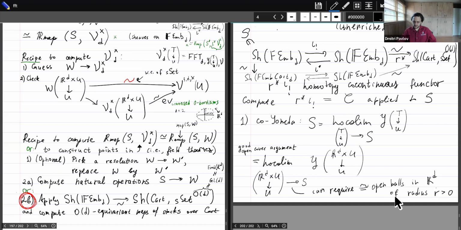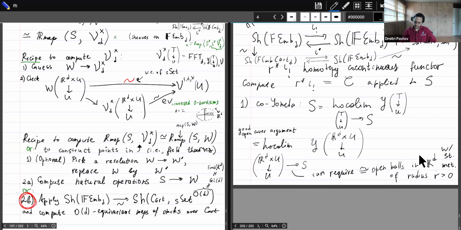Because every manifold with a flat Riemannian metric with vanishing curvature can be covered by such open balls with a standard metric. So that's the other considerable simplification.